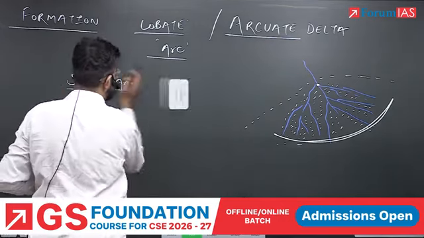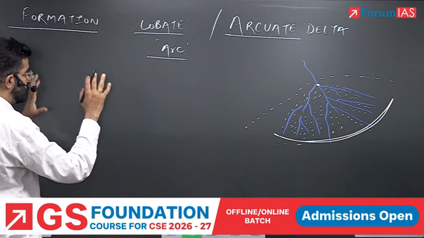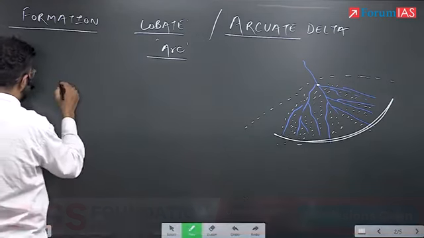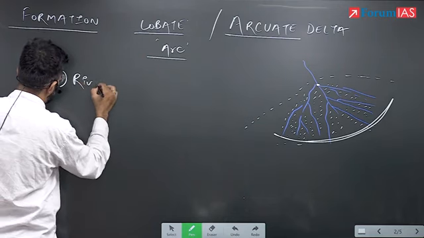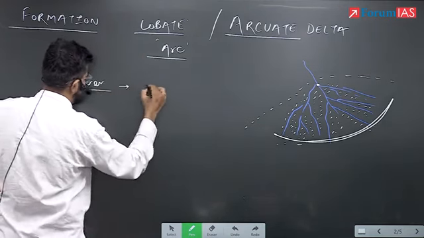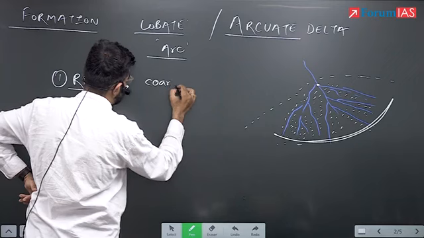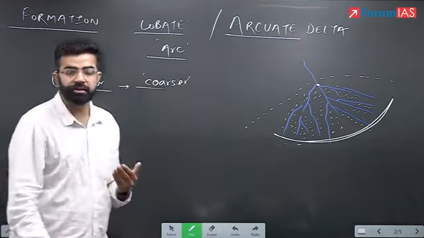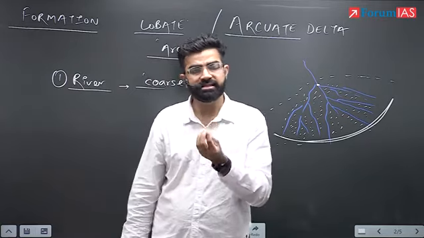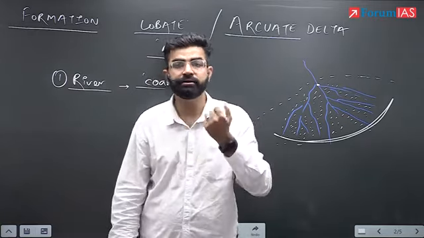Now here, some conditions are required for the formation of such a delta. What are these conditions? The first condition is, the river is bringing slightly coarser deposition. So the sediments which are being transported by the river are not finer, they are rather coarser.